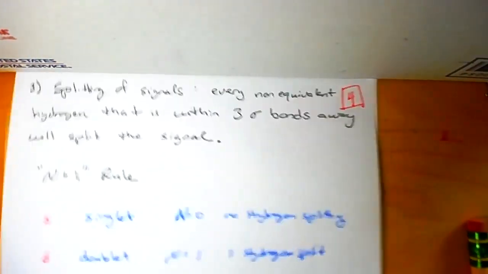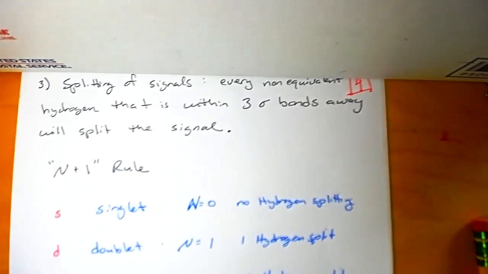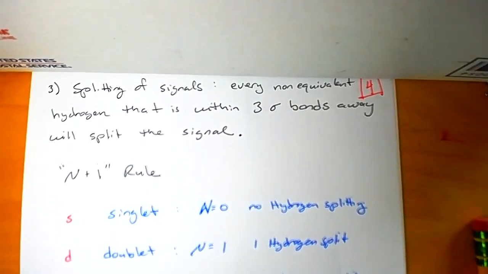The other thing is that the signals are not always single peaks. It turns out that the peaks often are split. When you see splitting occurring, that is whenever a hydrogen atom is within 3 sigma bonds of another hydrogen atom that is non-equivalent to it, that will cause the signal to split.